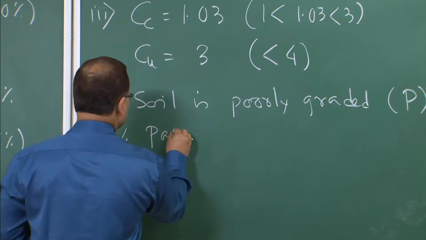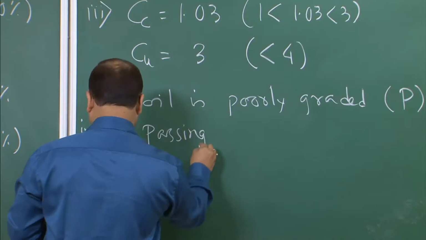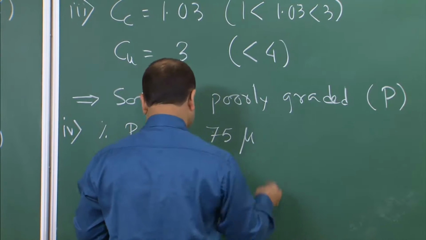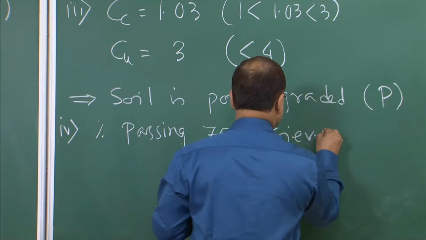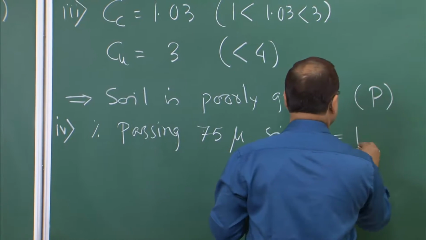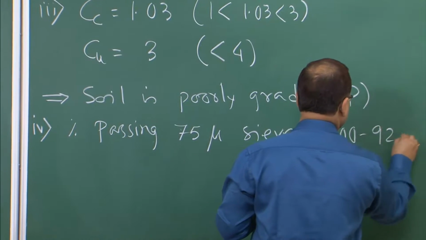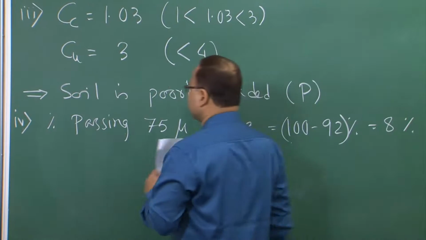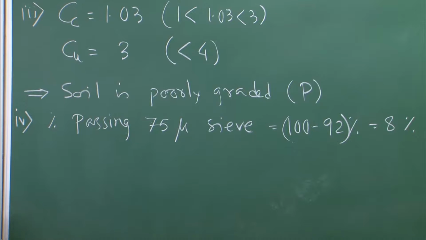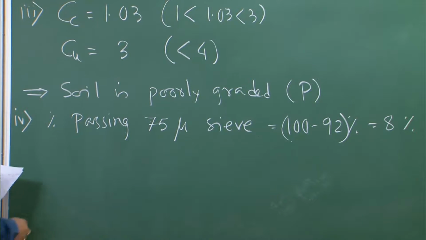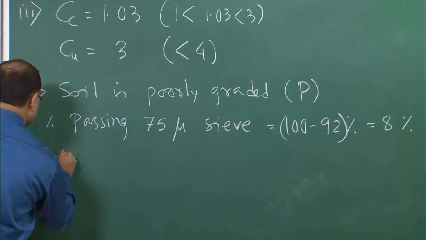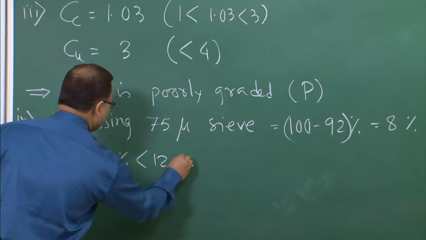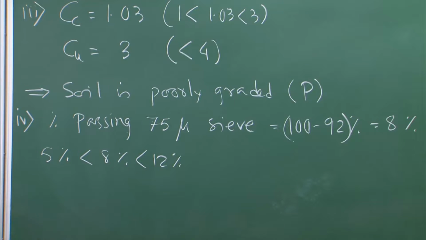Percentage passing 75 micron sieve is equal to 8%. Okay. So, this comes between 5% and 12%, right.